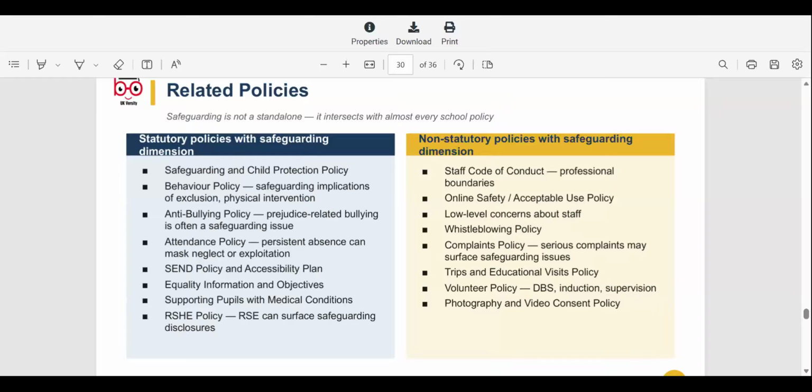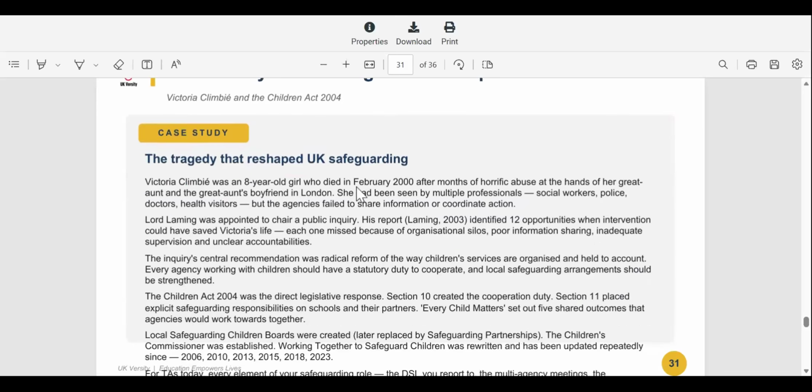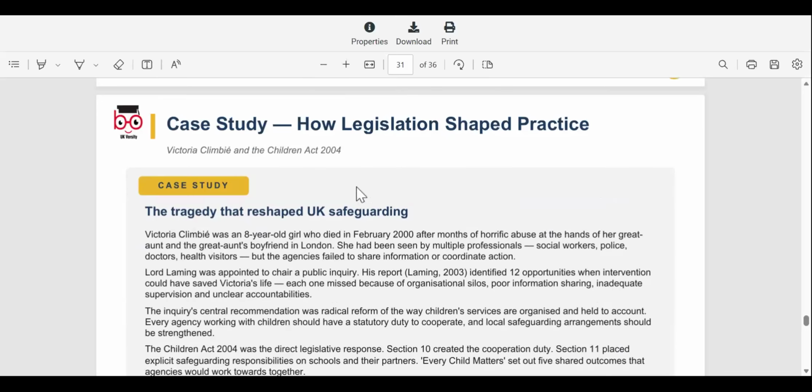And then you have non-statutory ones: staff codes of conduct, their professional boundaries, what they must follow, how they must implement things. Then online safety, what they can use online, whistleblowing, complaints policies, trips and education policies, and photography and consent policies, whether you can take pictures, you need to make sure you are getting consent.